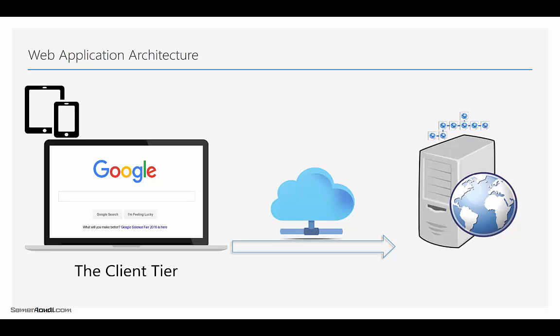The computer that I try to access and request that resource from is basically the server. The server is sitting somewhere in the world, has a special software called the web server software or the HTTP server.